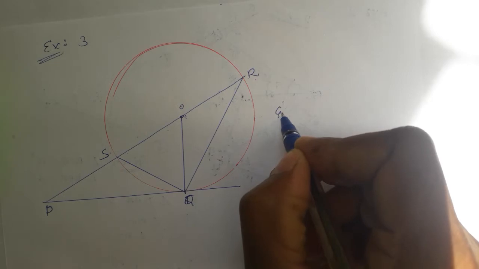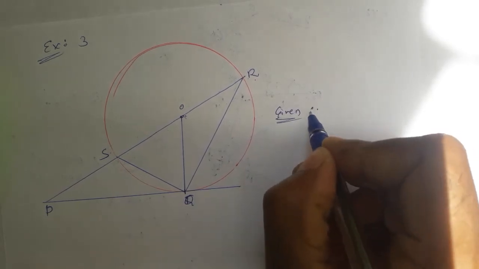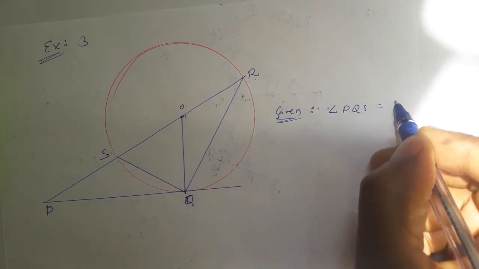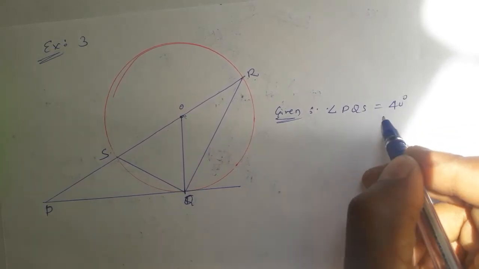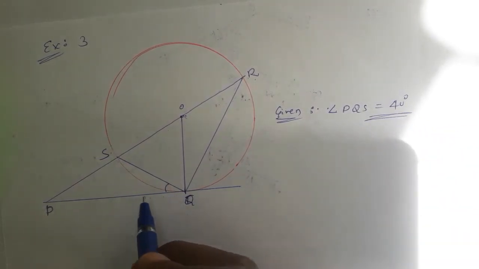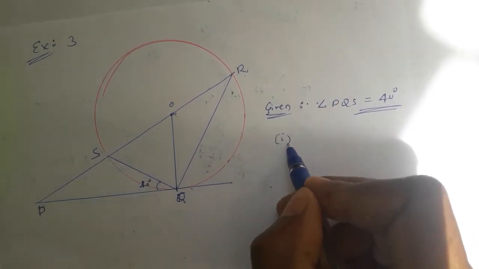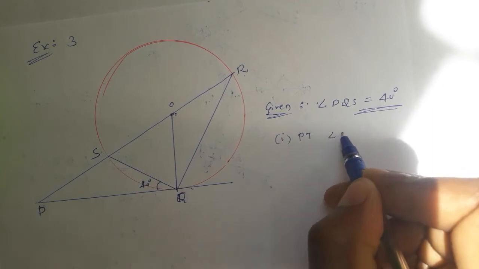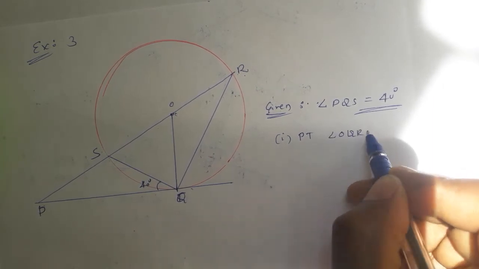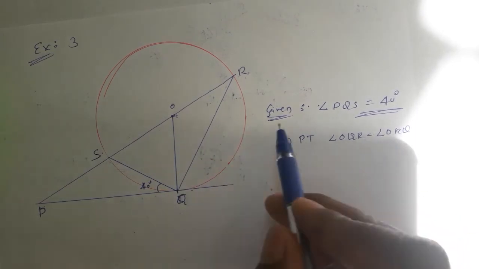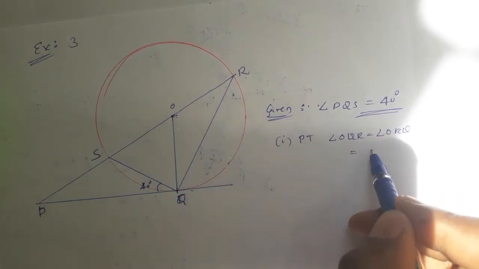In the question, given is angle PQS. Angle PQS is equal to 40 degrees. This is given. There are sub-questions. First one is prove that angle OQR is equal to angle ORQ, each equal to 40 degrees.